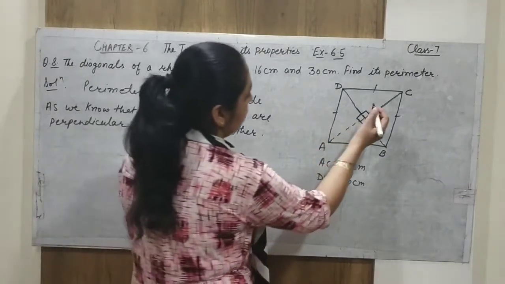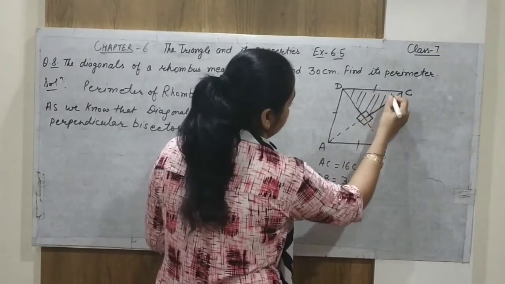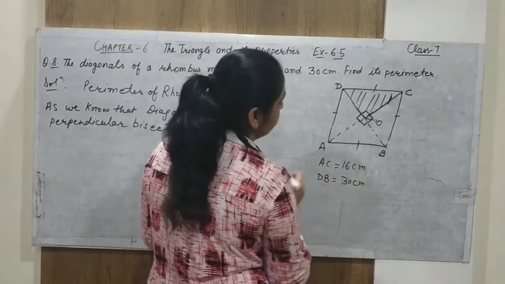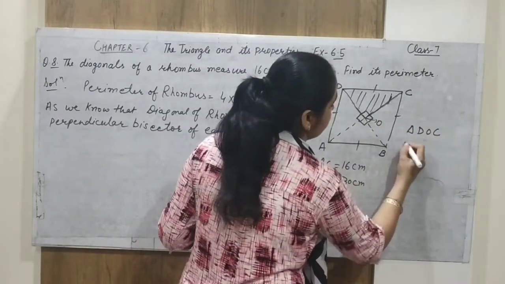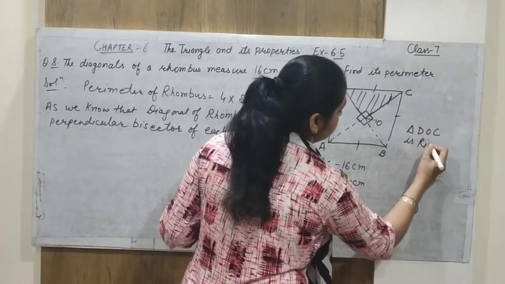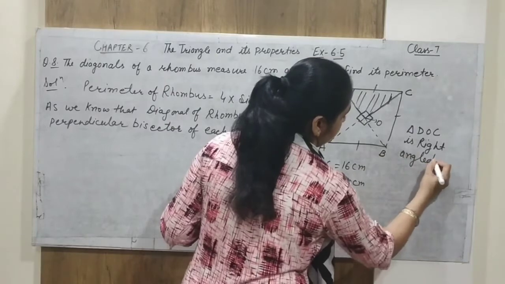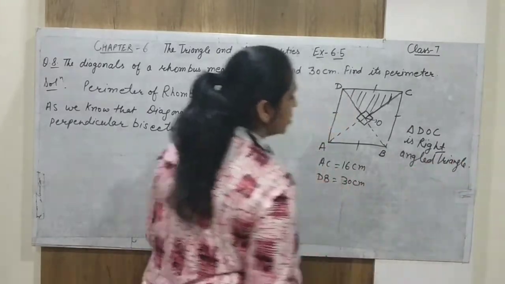You can see here 4 triangles are made. See, one triangle is this one. Suppose this point is considered as O, then we can say triangle DOC is a right angled triangle. Yes or no?